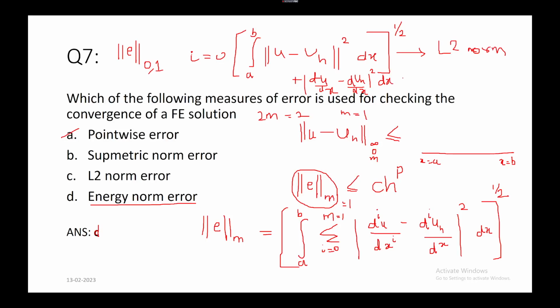This also you will have inside the square root. Any doubts? We basically use the energy norm error for checking the convergence, and this is the expression for the energy norm. Any doubts in this?